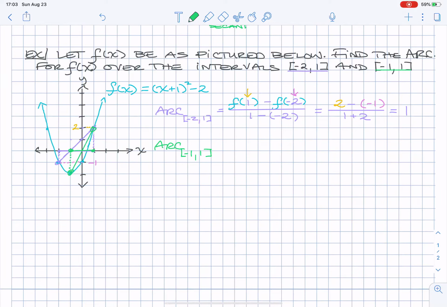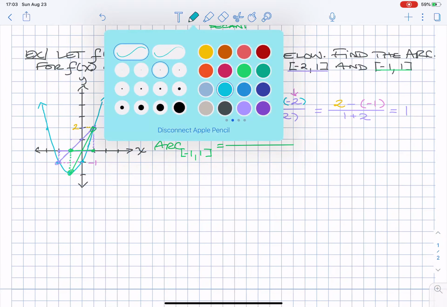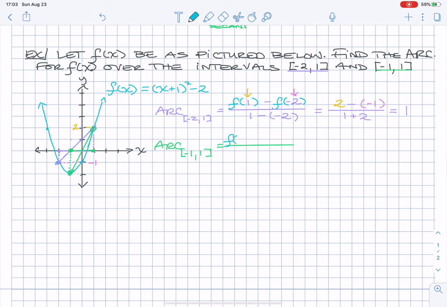So I'm looking now at that green secant line. I claim that that will be f at 1 minus f at -1, all over 1 minus a -1.